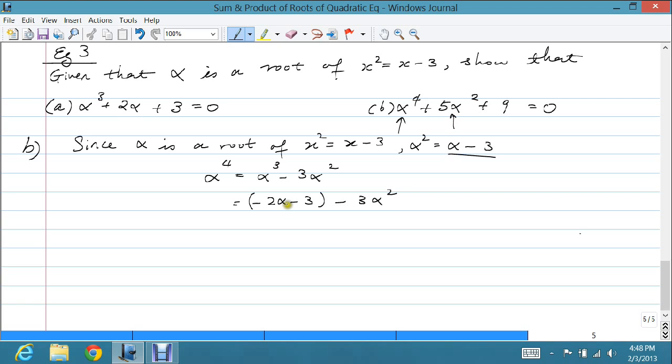So we must make sure that we can change alpha into alpha squared. How to do that? Again, in this equation, we know that alpha equals alpha squared plus 3. Aha, so we make a substitution here.